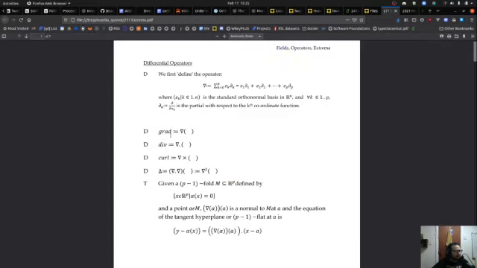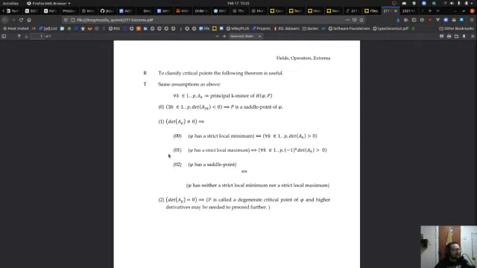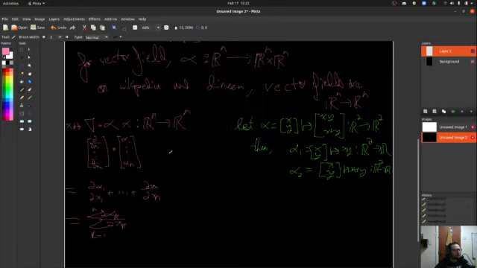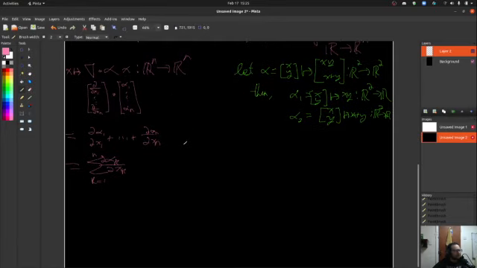But we have to talk about gradient, divergence, and curl. So what is curl? Curl is just the cross product. So that's divergence, okay?